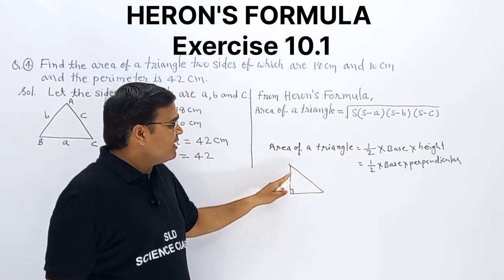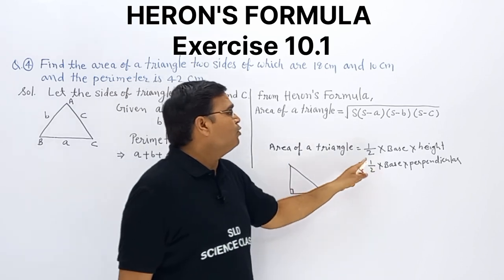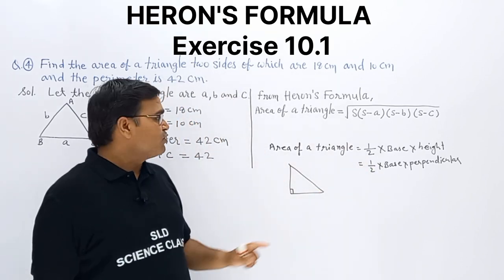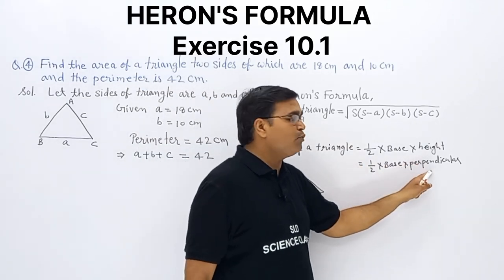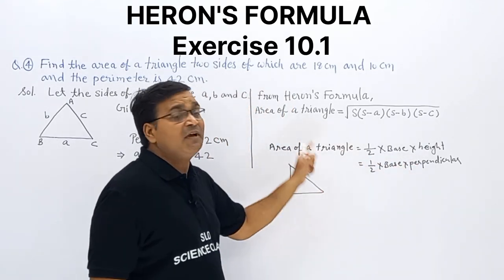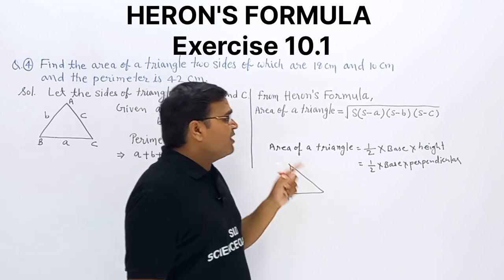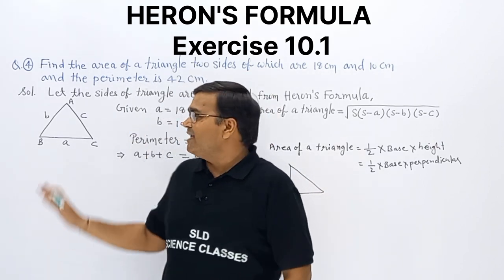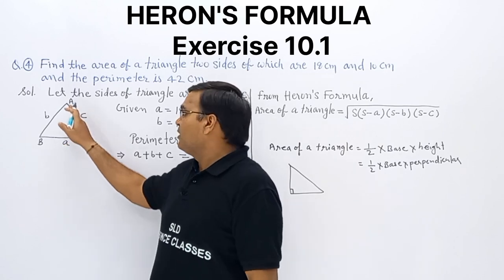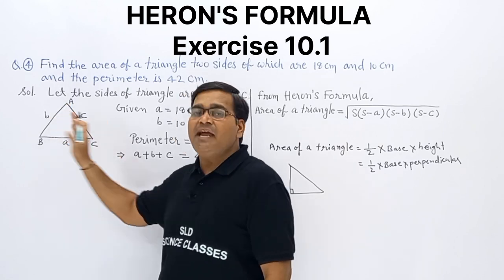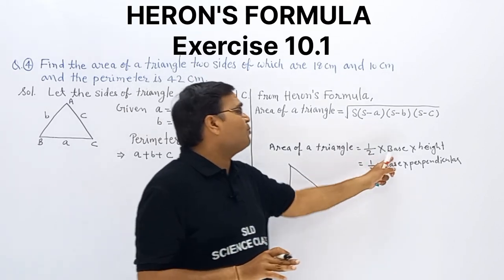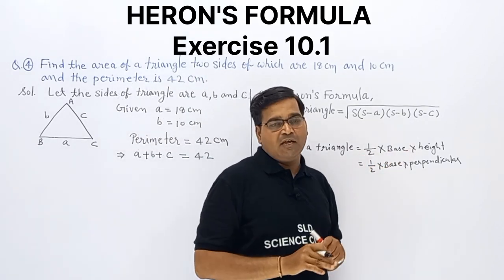So this multiplied by this into 1 by 2 gives the area of a right triangle. And if we do not have a right triangle but the height is given in the question, then we can use the formula directly, 1 upon 2 base into height.